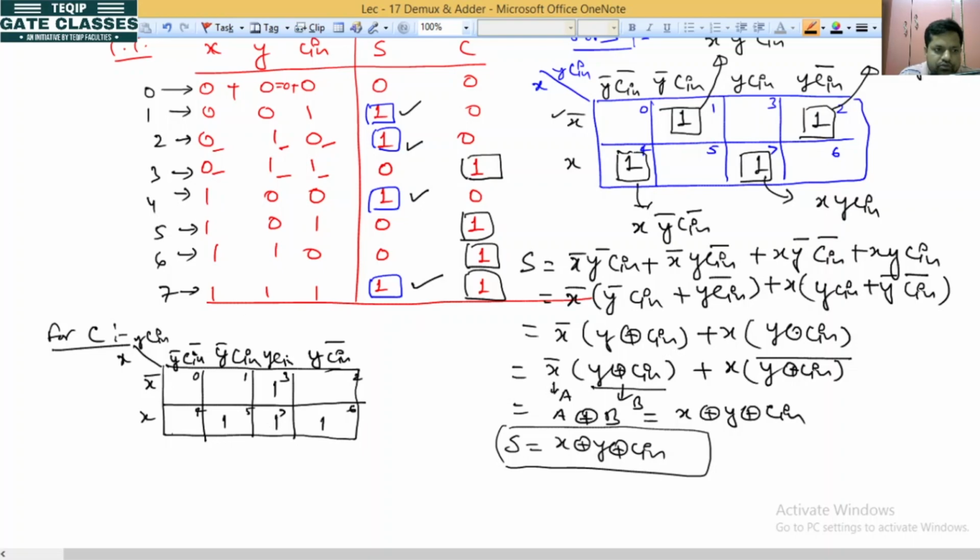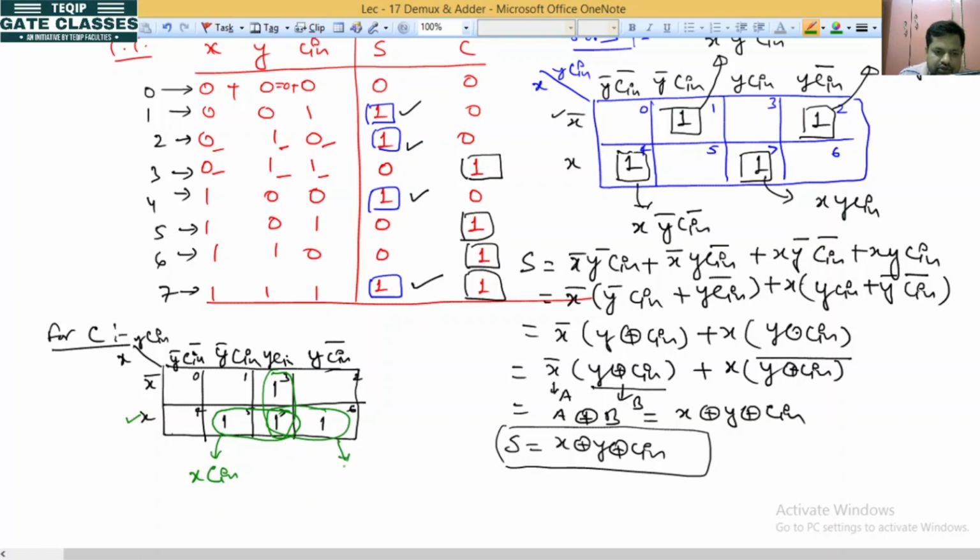Now if you form pair, then how many pairs will be there? 1 2 3, because only pairs are possible. So for this pair you can write the expression x from row side and it is y bar c in. So c in from column side.